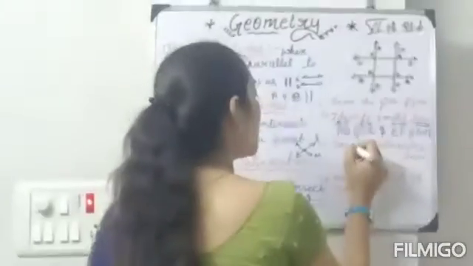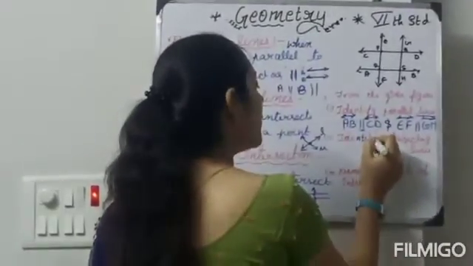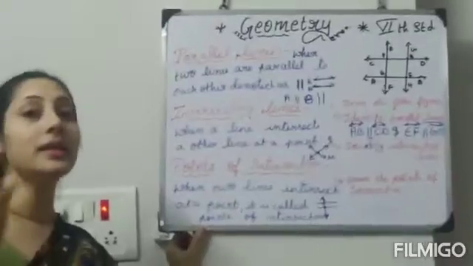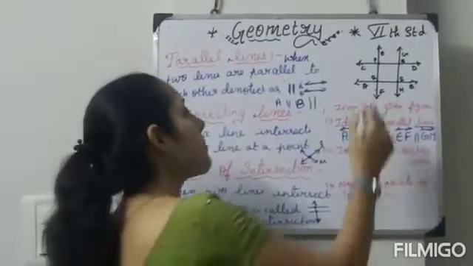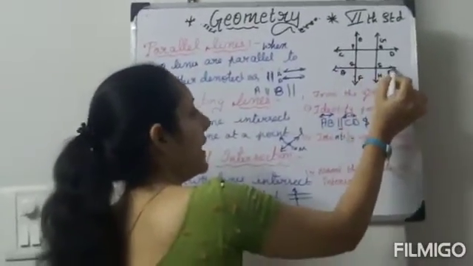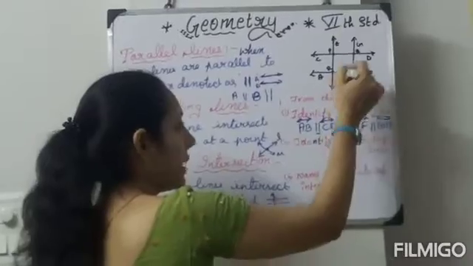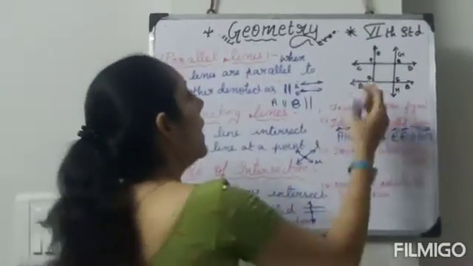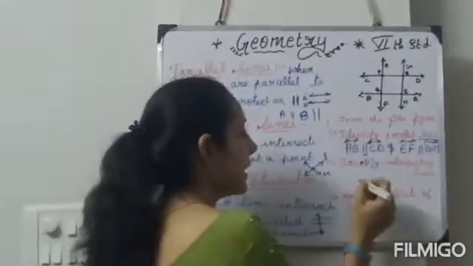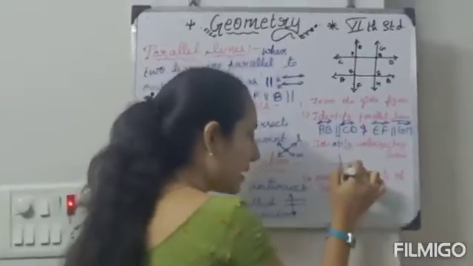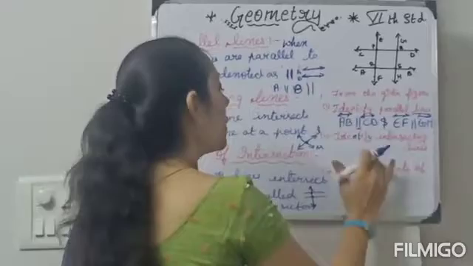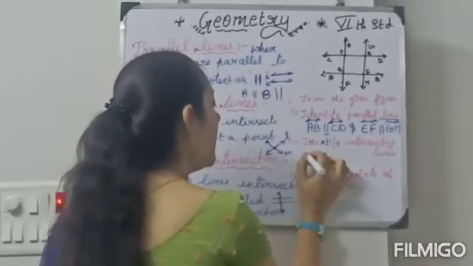What is our next question? Next question is identify intersecting lines. See, AB is intersecting EF and GH. Again, I am repeating. See, AB one line. It is intersecting here, it is intersecting here. Right? So, what do you have to write down?